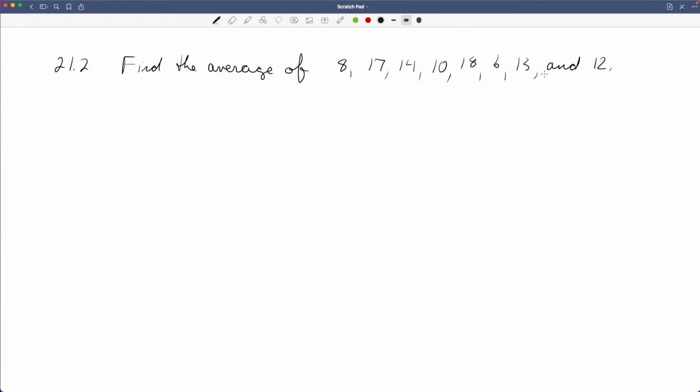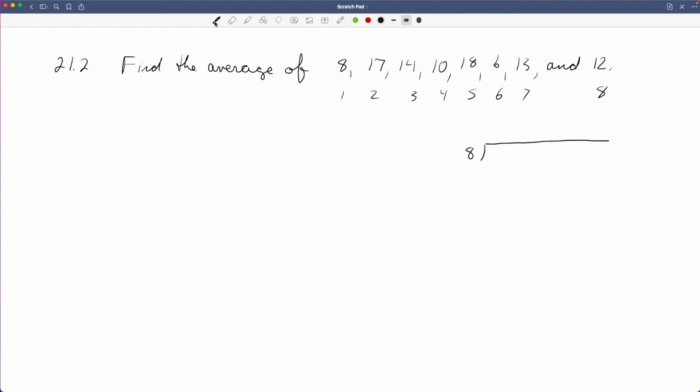So we have to add all of those together. So I'm going to look at these numbers, and I'm going to pair them up. First, let me count them. I have 1, 2, 3, 4, 5, 6, 7, 8 numbers. So I'm going to divide by 8 when I find out what the sum is.